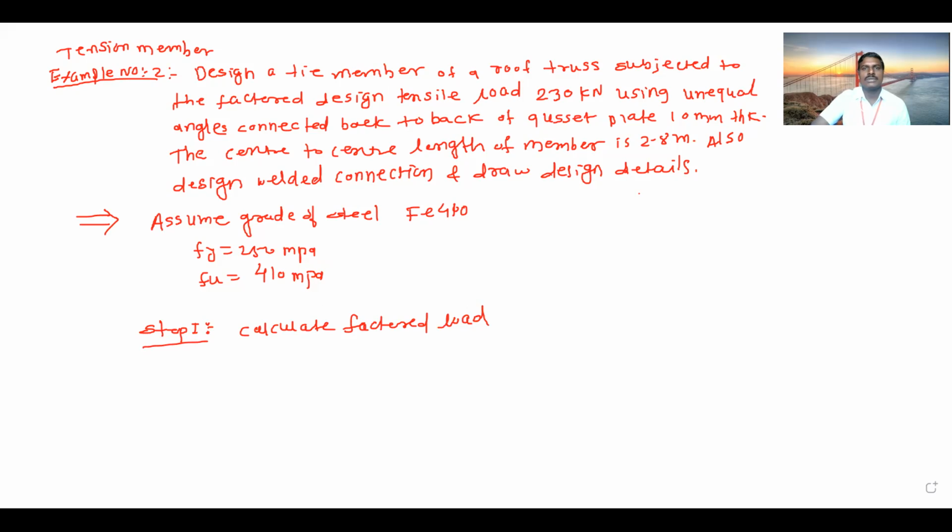Whichever load is given in the problem statement, that load is already factored load, so here we need not factor it again. So T is equal to 230 kilonewton. This is the factored load.